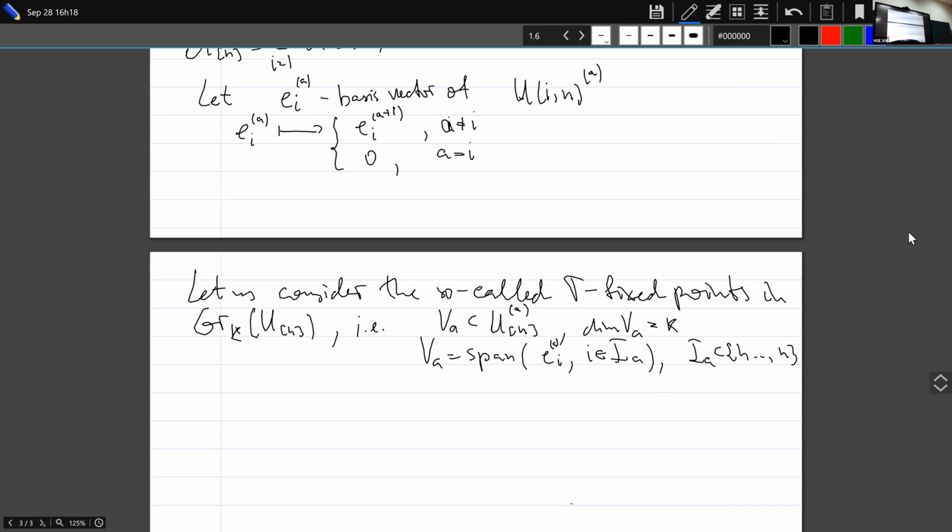Yeah, so we take not an arbitrary point in my quiver Grassmannian, but only those points which are spans of basis vectors. And this I_A, of course, has to be a subset of cardinality k. So we take a dimension k subspace, and to fix this subspace, we simply take a subset of cardinality k inside this set from 1 to n.